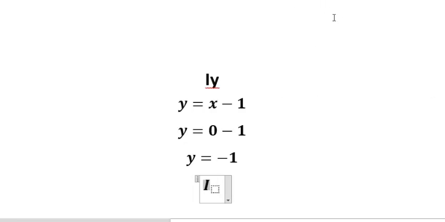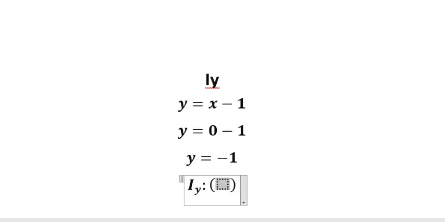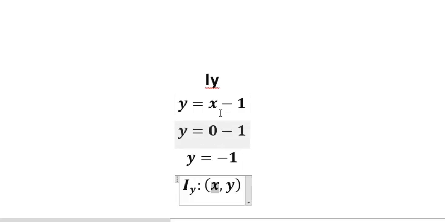Once you do that, you have to explain that the y-intercept, or I sub y, is, using column notation, remember that it is x comma y. So instead of the x, I'm going to put the number that I have as x in here. Remember that I changed the x with 0, so it's always going to be 0.